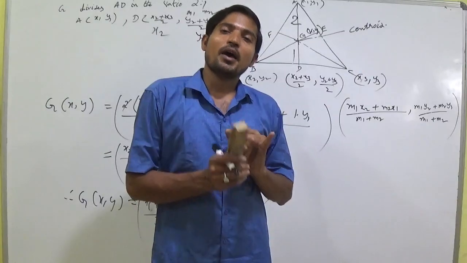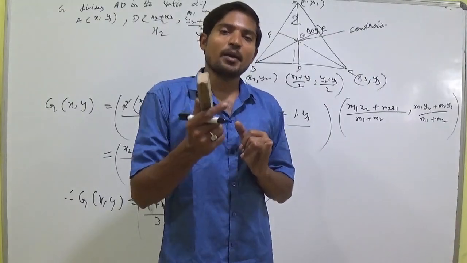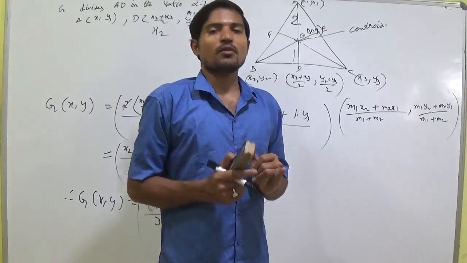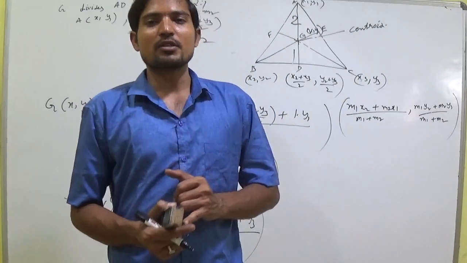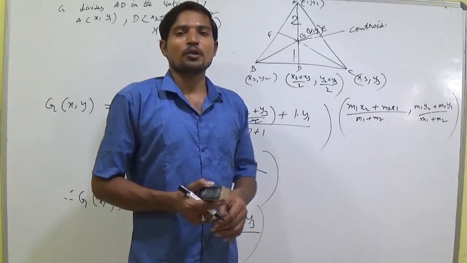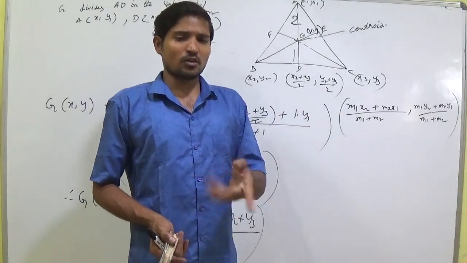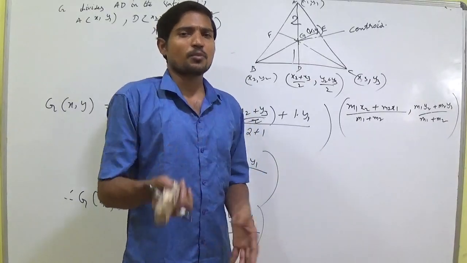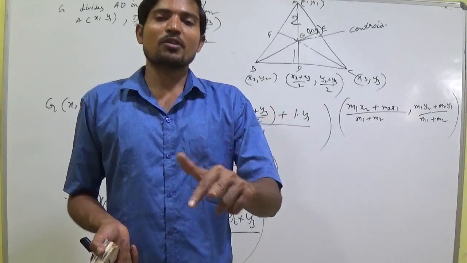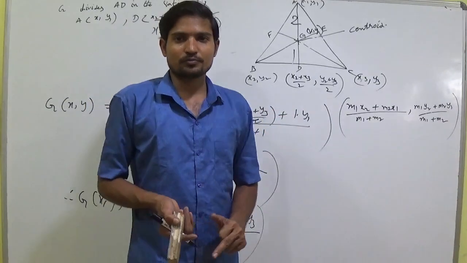Section formula: (m1 x2 + m2 x1)/(m1 + m2) and (m1 y2 + m2 y1)/(m1 + m2). Next, the midpoint formula. Midpoint means it divides in the ratio 1:1. So A is (x1, y1), B is (x2, y2), then the midpoint of AB is ((x1 + x2)/2, (y1 + y2)/2).